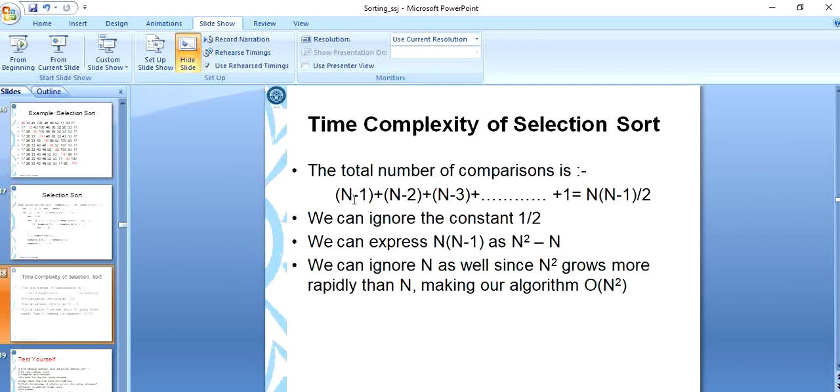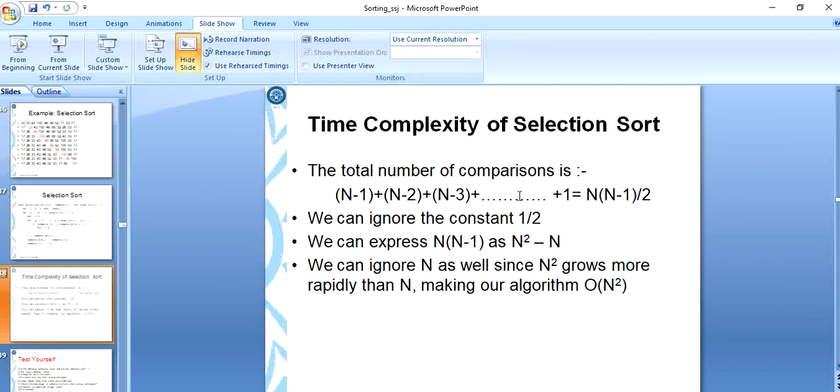In round 1 we require n minus 1 comparisons, in round 2 n minus 2, in round 3 n minus 3, in round 4 n minus 4, in round 5 n minus 5, in round 6 n minus 6, and so on, in round 9 n minus 9 comparisons.